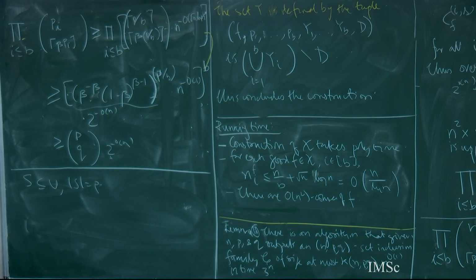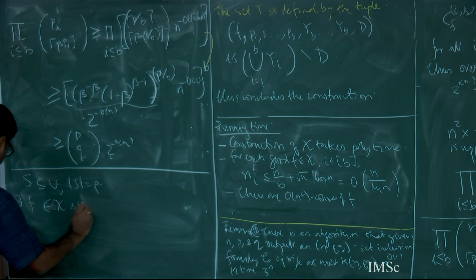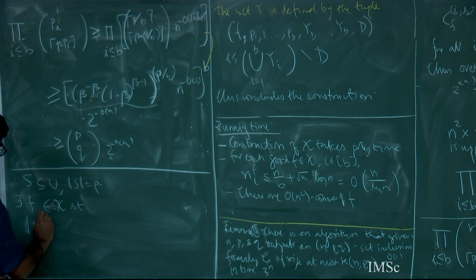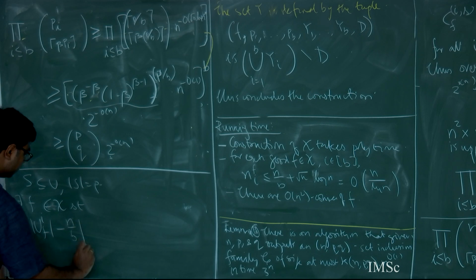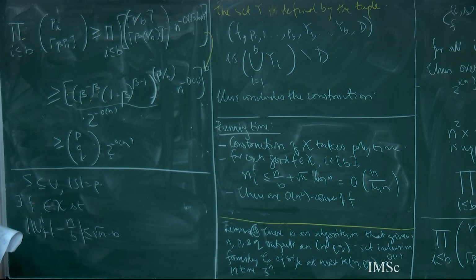What we know by our last time's computation is that there exists F in chi such that U_i(F) minus n by b is less than or equal to root n times b. Forget computation, Rohani. What is the size? The size is also sub-exponential.